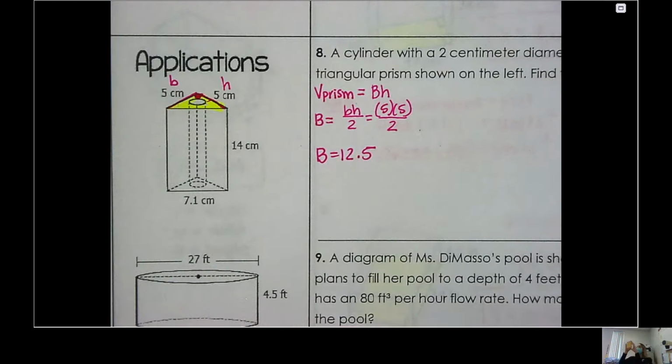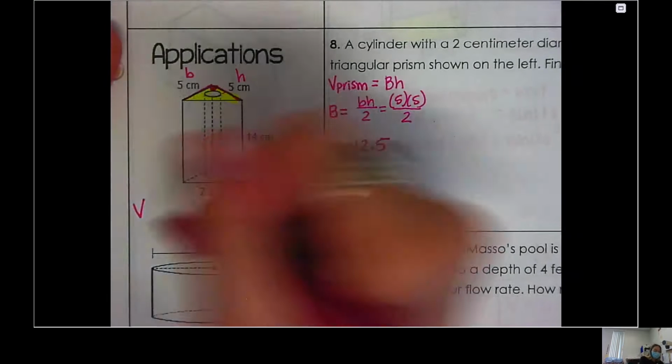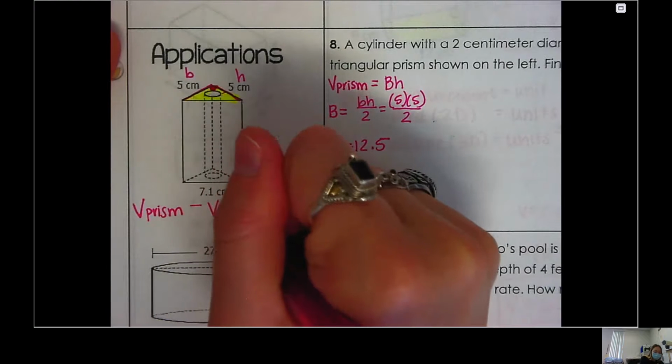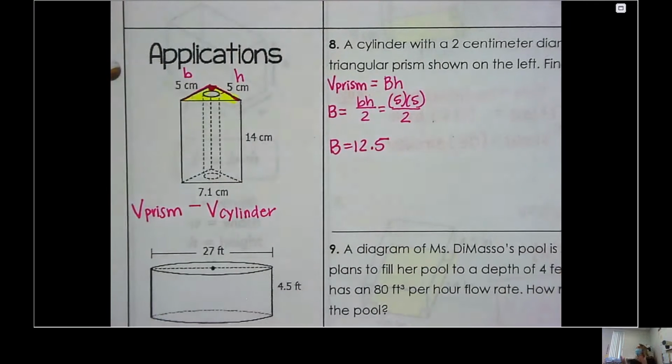So what we have to do is take the volume of the whole prism and then subtract the volume of the cylinder that we're going to take out of the prism. So essentially we're going to take the volume of the prism and subtract the volume of the cylinder. And that'll give me what's left over in my picture.